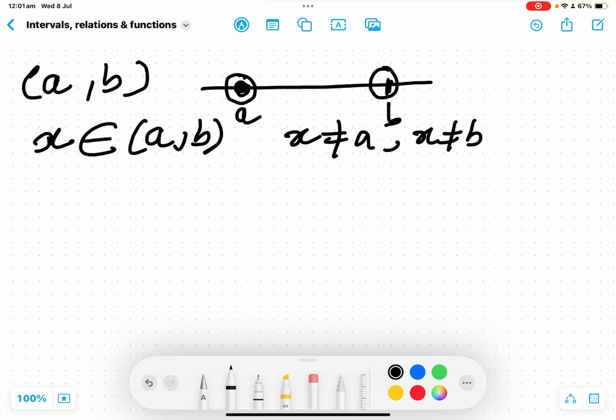Similarly, we have closed intervals. For the closed intervals, we use square brackets.